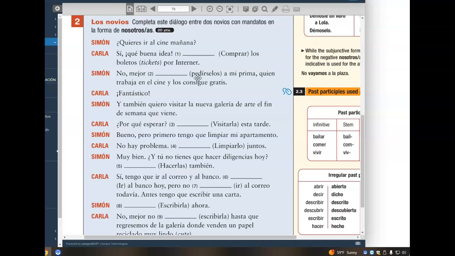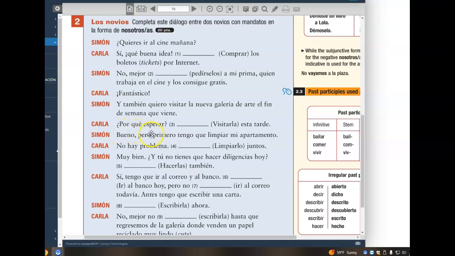No, mejor se lo pidamos a mi prima. Again, se technically is the indirect object pronoun le, in accordance with a mi prima, ella, to her, le. And then los is your direct object pronoun taking the place of los boletos. And then again, the indirect object pronoun le changes to se just for phonetic reasons. Le, los would be a lot of L sounds and kind of a tongue twister.